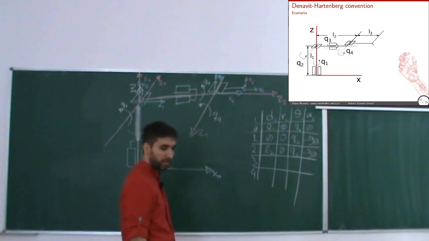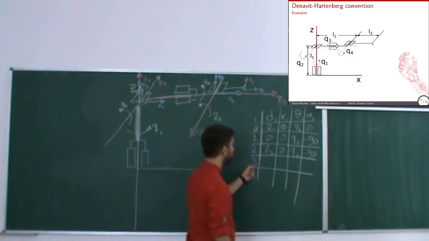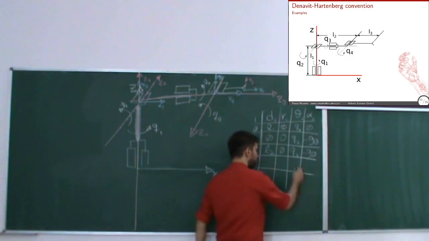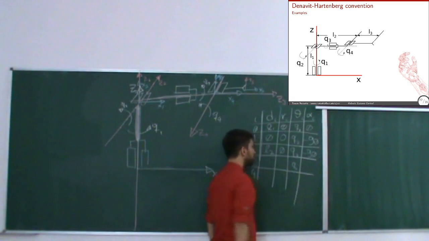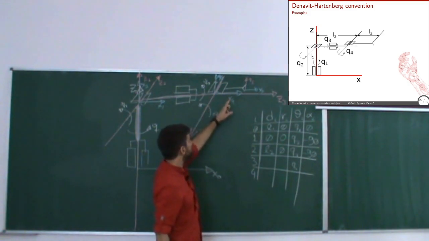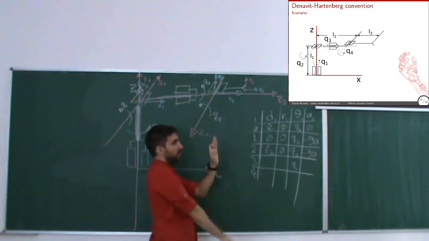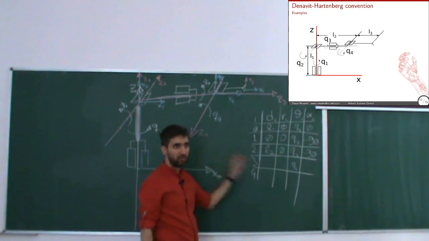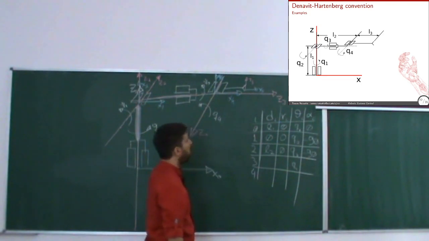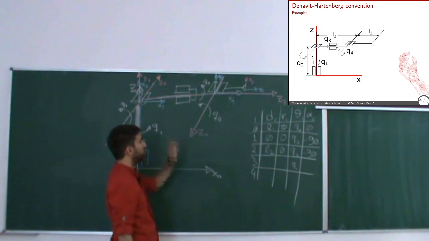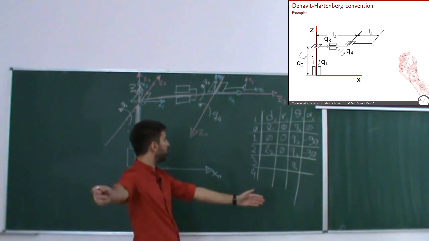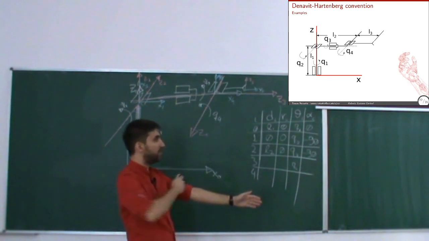Now, what will this one be? It's basically the angle between x3 and x4, and this one is an angle like this. It's equal to Q4. No questions, I don't even think about it. Just make sure it's a revolute joint. Then alpha, the angle between Z3 and Z4 around x3.